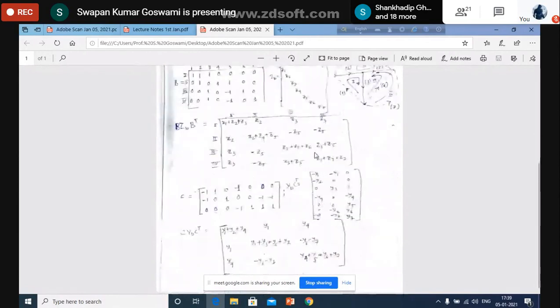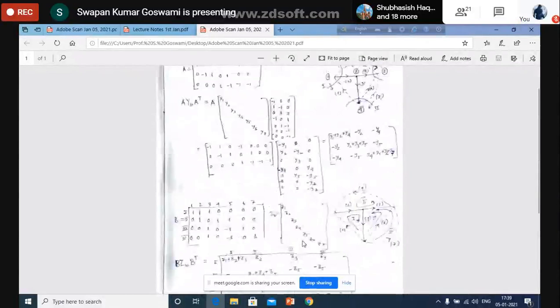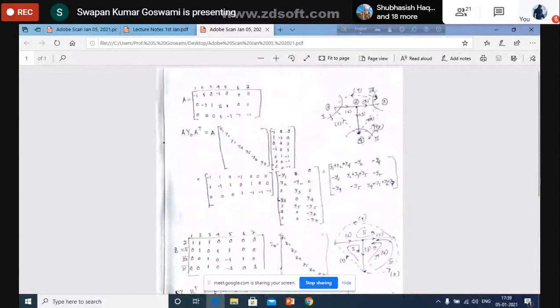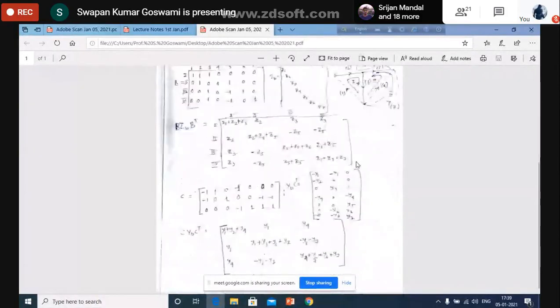Similarly Y7: element direction and cut set direction are opposite for one, and same for the other. So Y7 also will be negative. So Y23 is minus Y6 minus Y7, also Y32 is minus Y6 minus Y7. And this is already explained, the summation of admittances of the cut set 3.